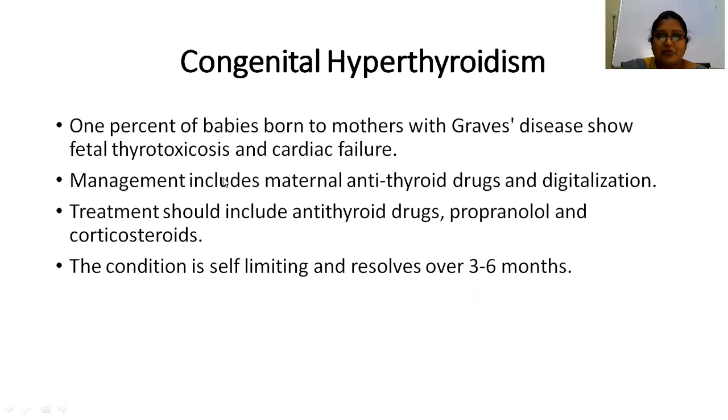Management includes maternal antithyroid drugs and digitalization. Treatment should include antithyroid drugs, propranolol, and corticosteroids. The condition is self-limiting and resolves over 3 to 6 months. If the condition is not resolving by this age, we have to suspect a family history of hyperthyroidism.